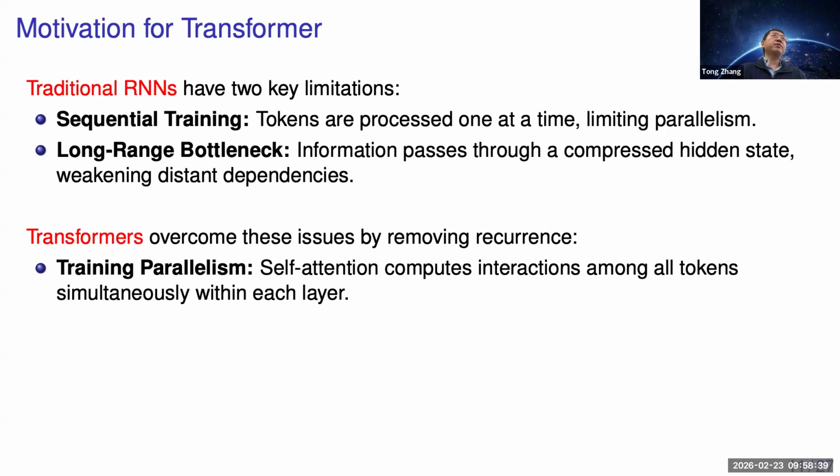Therefore, it can all be computed simultaneously. It doesn't save flops, the floating point operations, but what is saved is parallelism. So you can train efficiently on GPUs, which have strong parallelism, while sequential you can't.